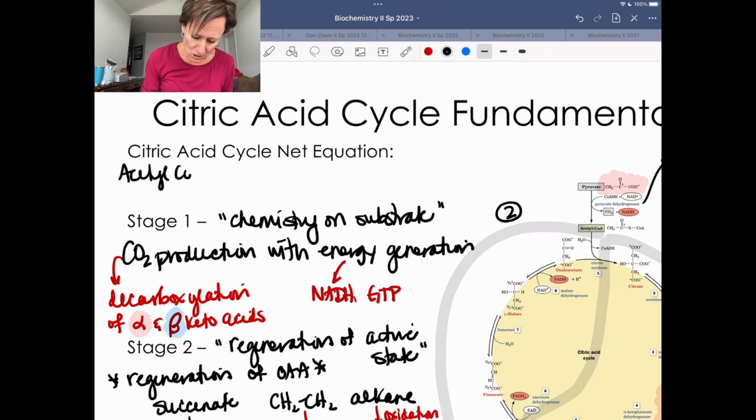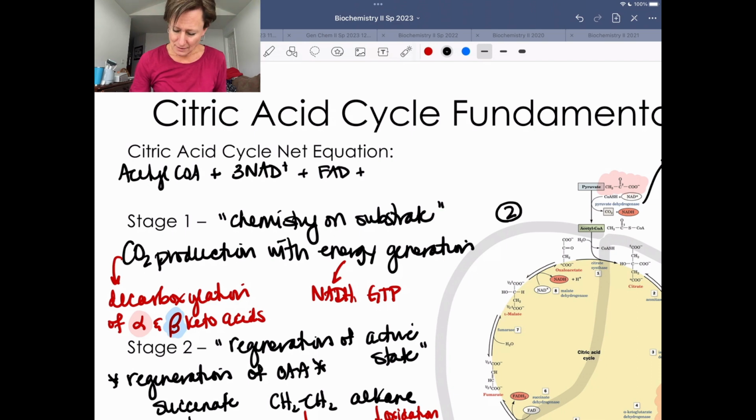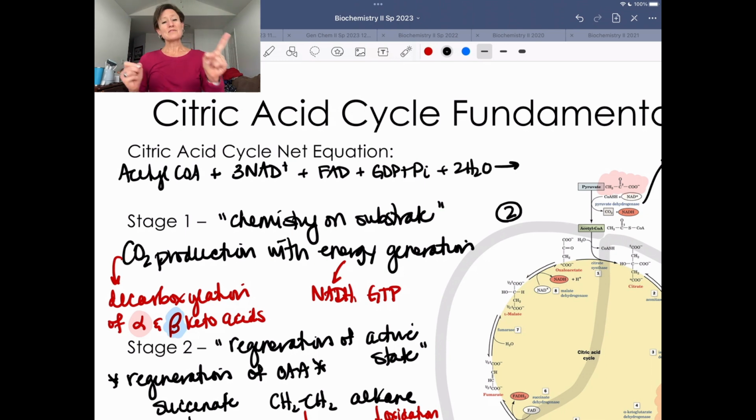So we've got acetyl-CoA plus 3 NAD pluses plus FAD plus GDP and Pi plus 2 waters. And that's a lot to remember, but if you connect it to the pieces that we make as products, it will make a lot more sense.